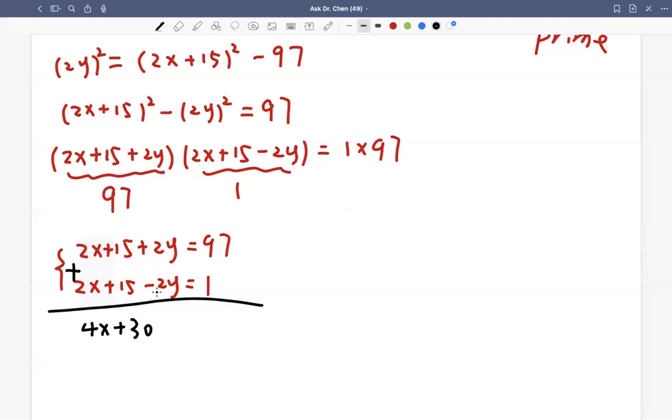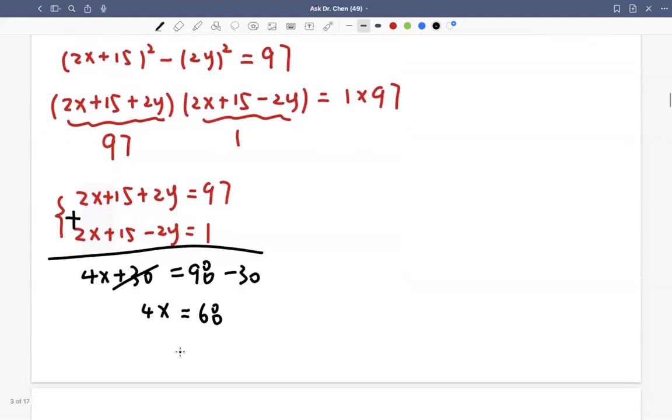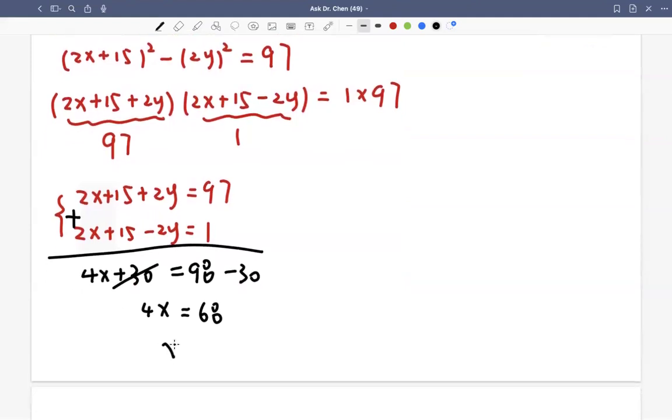Positive 2y plus negative 2y becomes 0. 97 plus 1, 98. We subtract 30 on both sides: 98 minus 30, 68. So 4x equals 68. Then x equals 68 divided by 4, which is 17. So x equals 17.